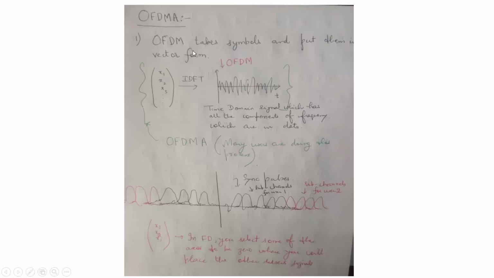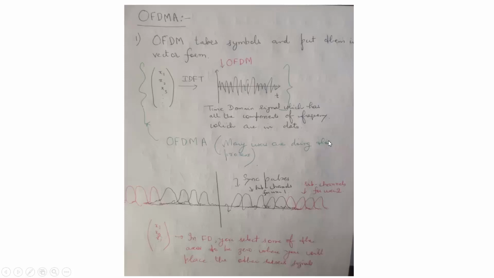So a user converts these symbols into a vector form x1, x2, x3, and so on, and you take the IDFT, and you will get the output of the IDFT, which is a time domain signal, and it contains the information of all the frequency components which are present in the data.